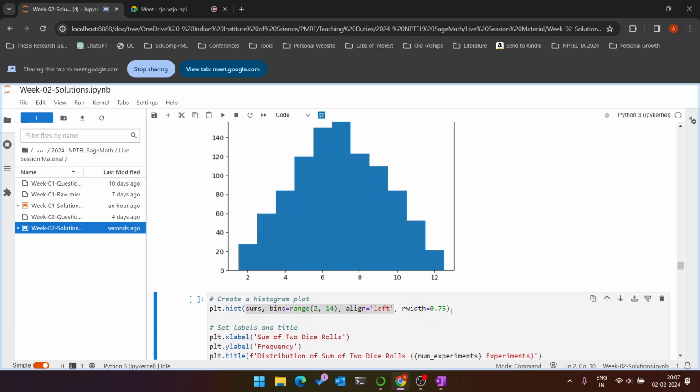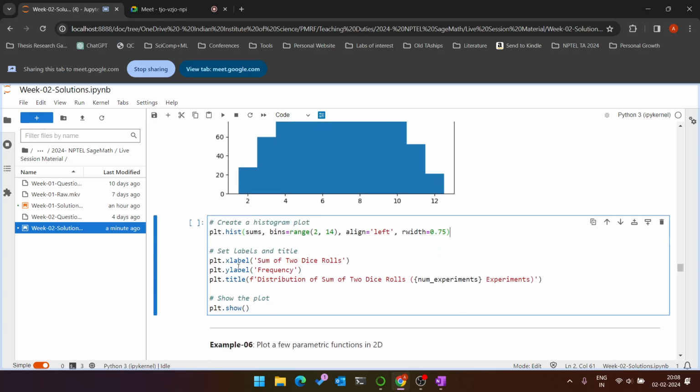All these bars are very close together, so we are using something called relative width. Relative width will shrink the width of each of these bins. So currently the bin width is 1, and we are specifying the bin width to become 0.75. And then we are adding x label, y label, and title and showing the plot.